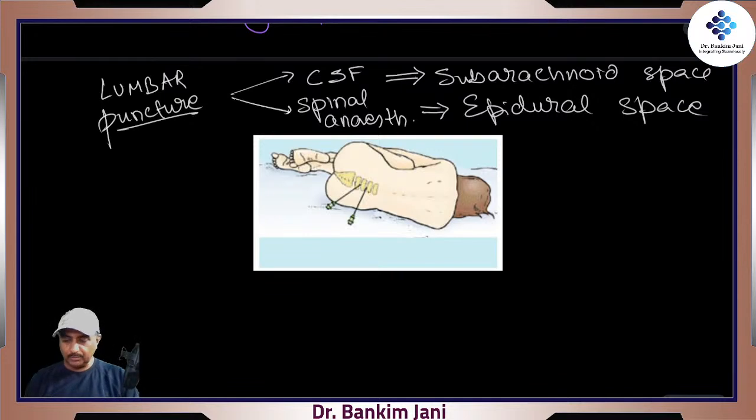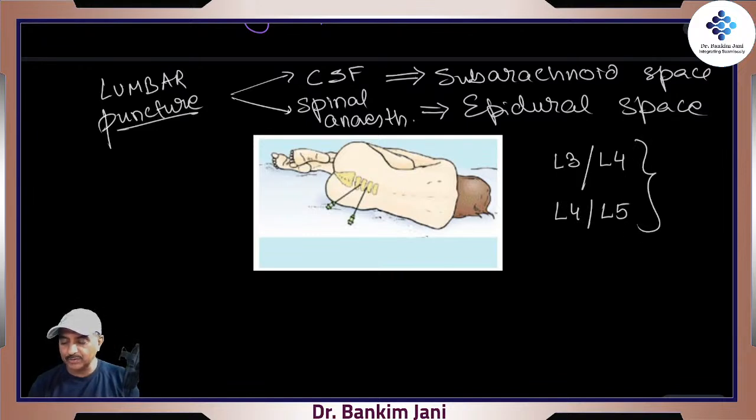Now, this is all theory. The level is either between L3, L4 or between L4, L5. These are the levels which you can puncture. That is, you'll be going through. Why L3, L4 or even L4, L5?